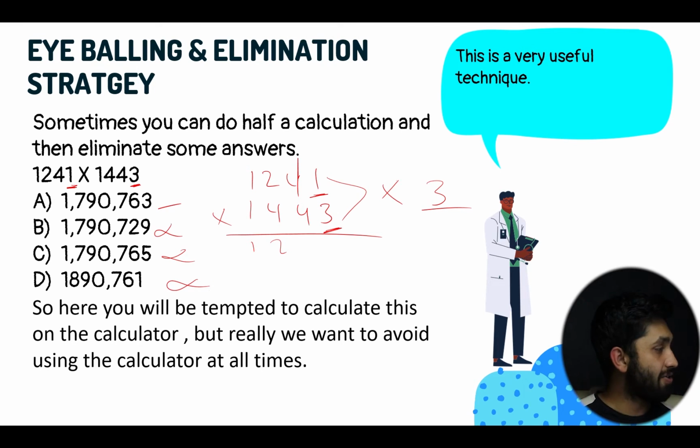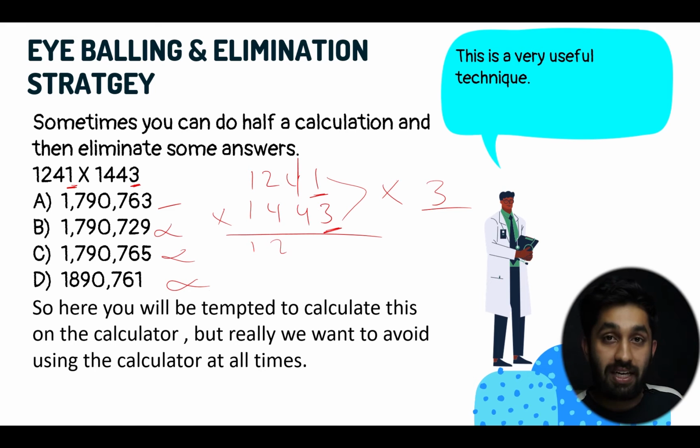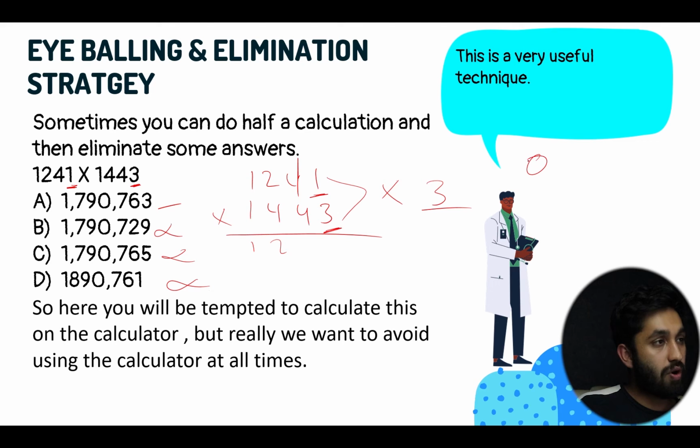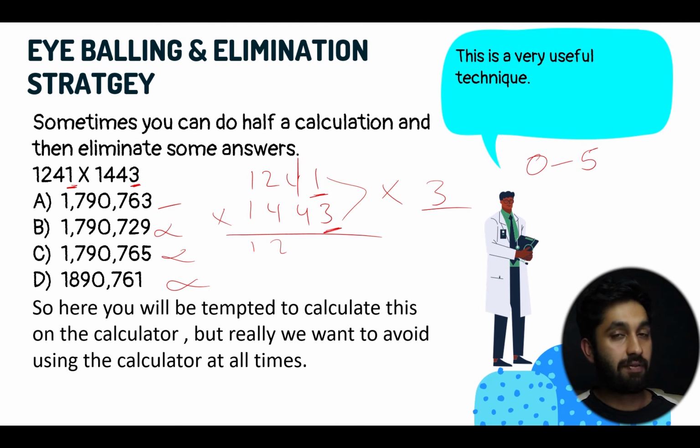Now here's one thing to bear in mind, that the last digit of each of the numbers has to be between 0 and 5. Any number greater than this will obviously involve carrying numbers and it's just all messy and you won't get the correct answer by guessing.